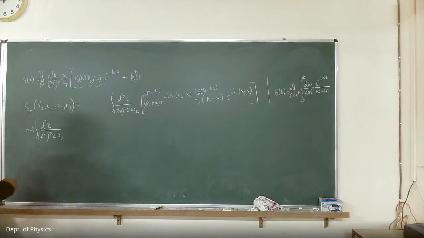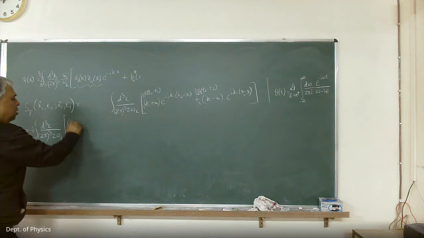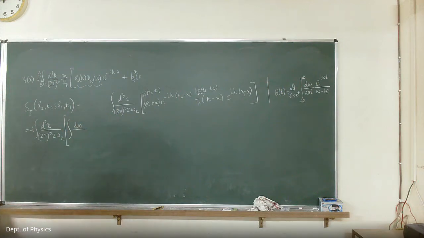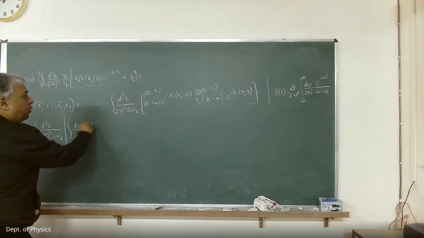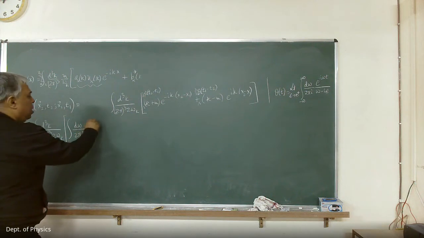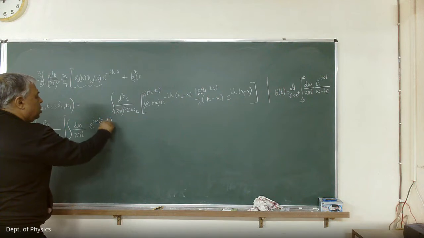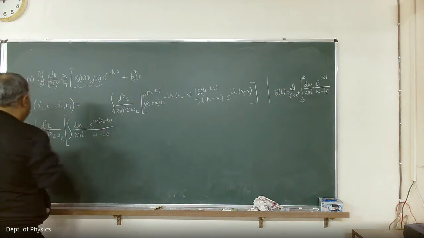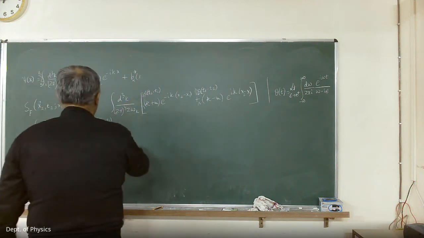And then you have the integral d omega by 2 pi i, e to the power i omega t2 minus t1 by omega minus i epsilon. This is as far as theta t2 minus t1 is concerned.